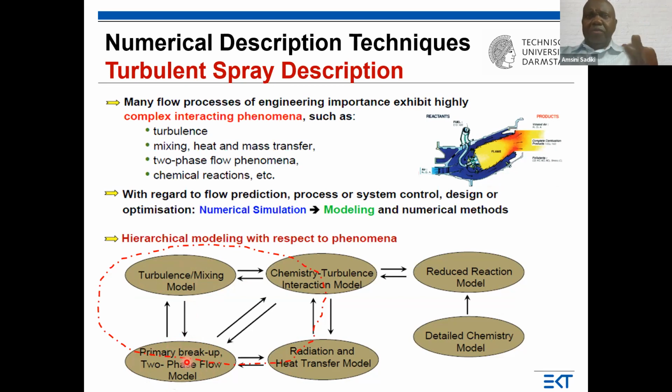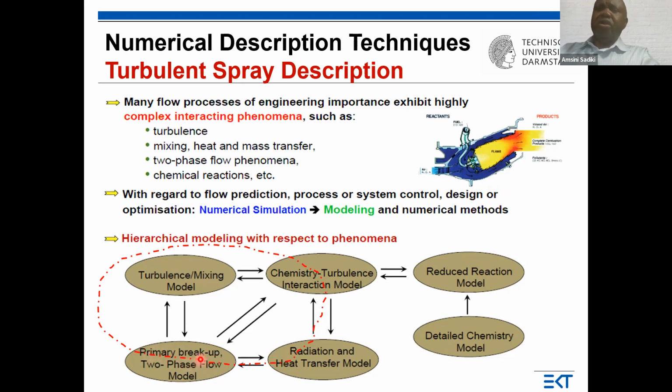The primary breakup is not considered, but we will consider it tomorrow when we introduce the coupling of VOF and Lagrangian. So I have shown you only one result with the volume of fluid method, which allows us to capture the primary breakup.